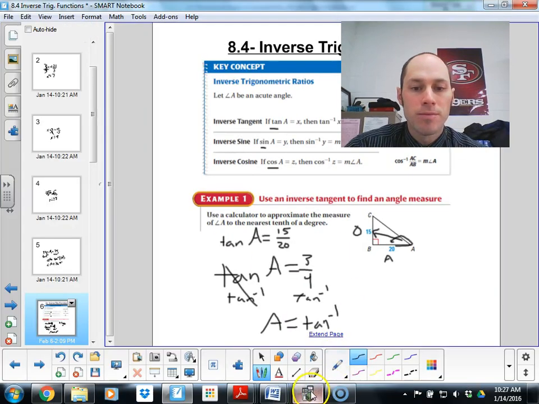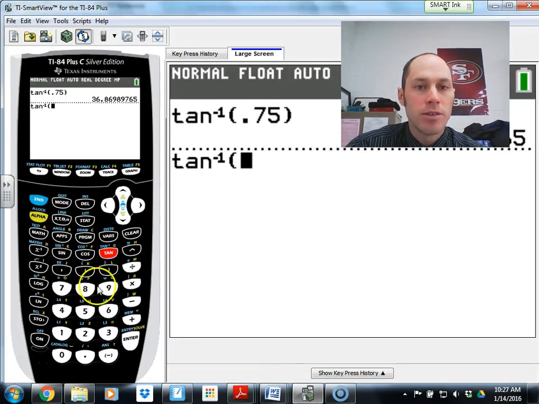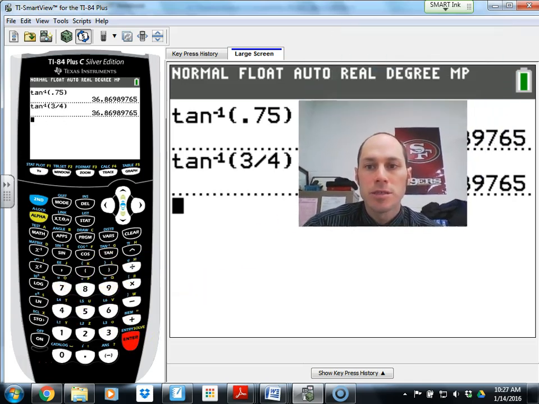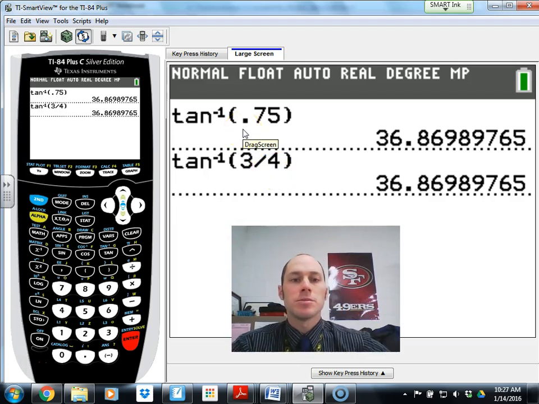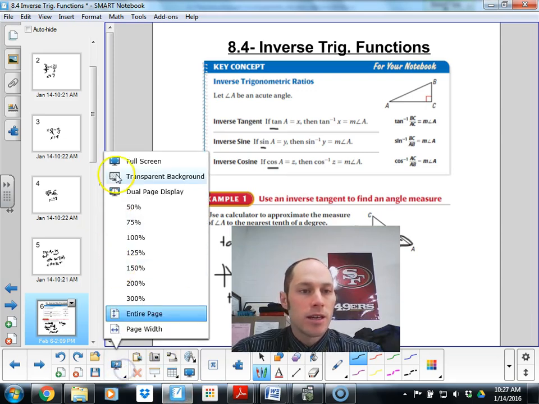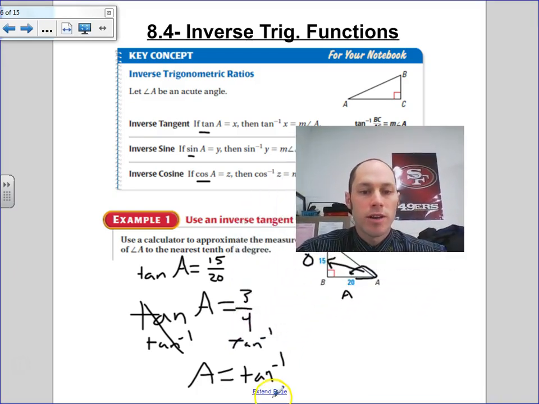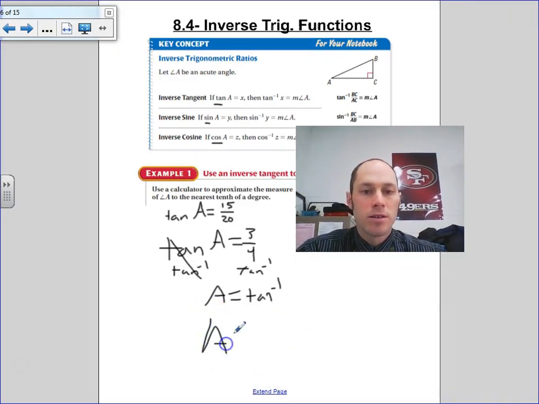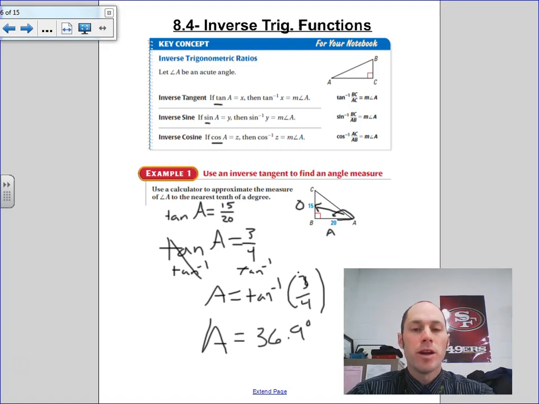So you go to your calculator and you do tan inverse of 3/4, and we get 36.9. Notice it's the same as that decimal we had before because those are equivalent. So we would say our solution, the measure of A, would be about 36.9 degrees. Okay, so that's how we can find an angle measurement when we are given two of the sides.